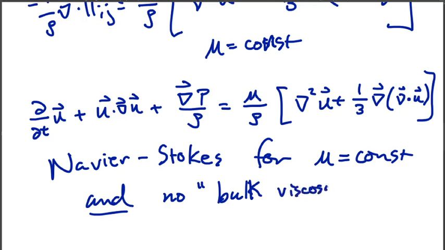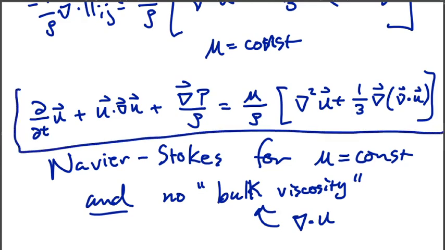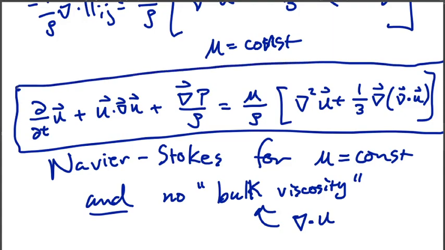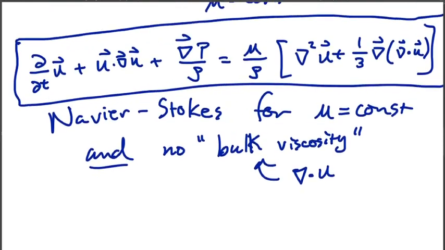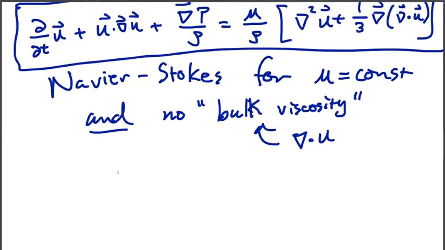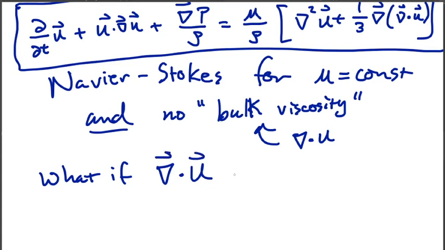This second term that we're neglecting is a viscosity that operates very, very strongly on compression of the fluid in particular. So this form, though, is the one that gets us the character of viscous flow when we just have frictional forces. Let's do one last rewriting of the system. What if we're also incompressible in addition to the rest?